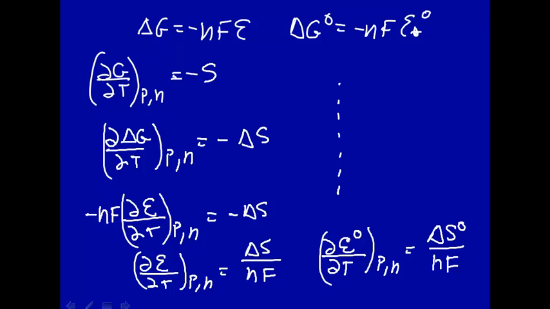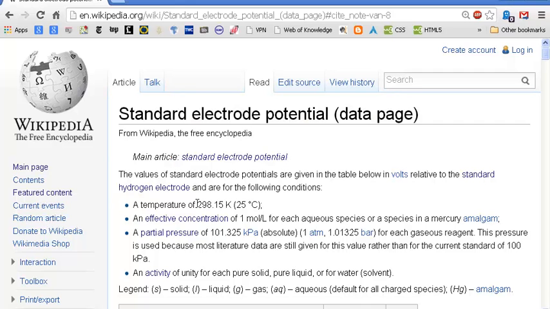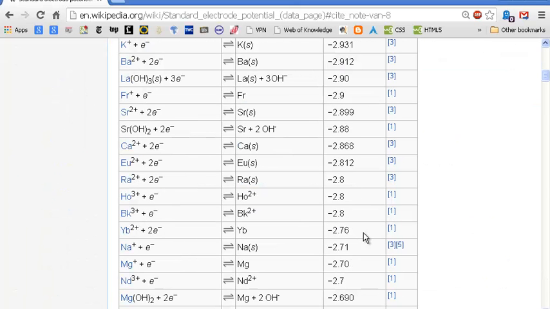Just like the temperature dependence of delta G was related to delta S, E is another way of measuring delta G, so the temperature dependence of E is related to delta S. That means those equations that we used before to calculate the cell voltage from E0 are all at 25 degrees Celsius. So if you go back to the standard cell potentials, these numbers are only valid for 25 degrees.